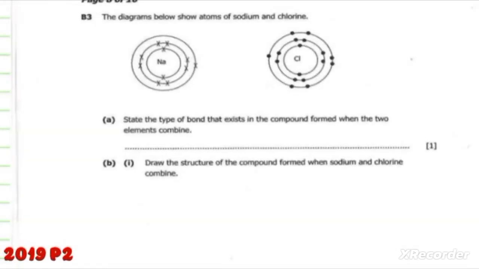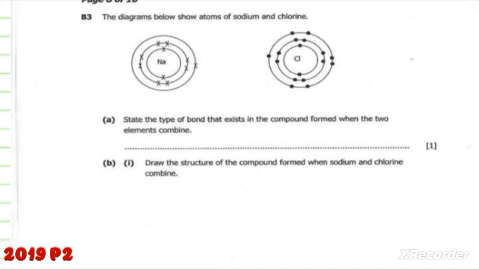To appreciate the importance of what we have learned, let us extract some questions from past papers. The first question is from the 2019 paper 2, question B3. The diagrams below show atoms of sodium and chlorine.